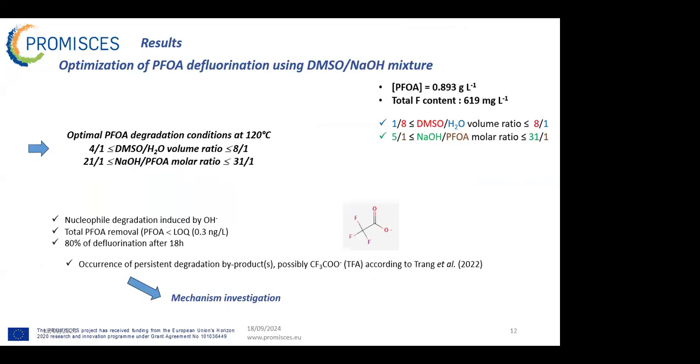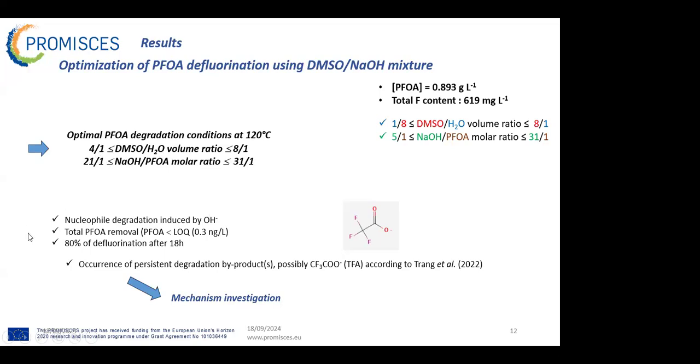Regarding the optimization of PFOA defluorination under the investigated condition, we see that we can use DMSO/water volume ratio ranging from 4:1 to 8:1. Regarding the NaOH/PFOA ratio, we can range it from 21:1 to 31:1. There is nucleophile degradation.